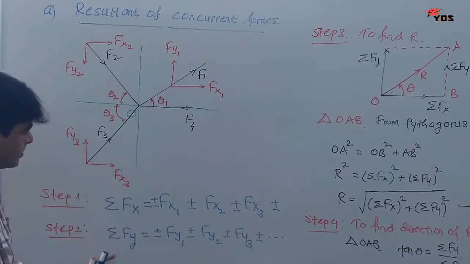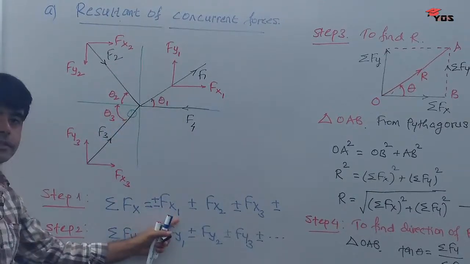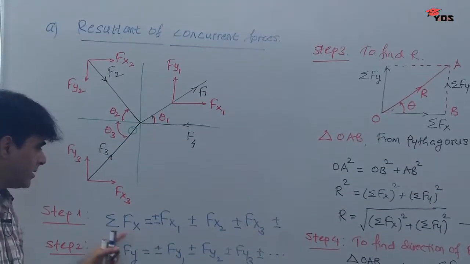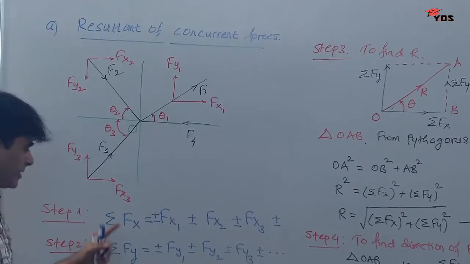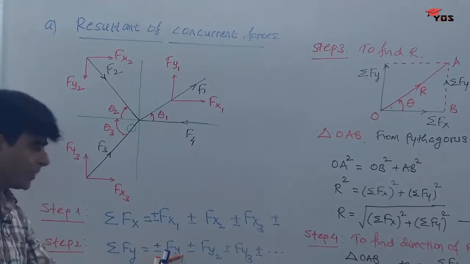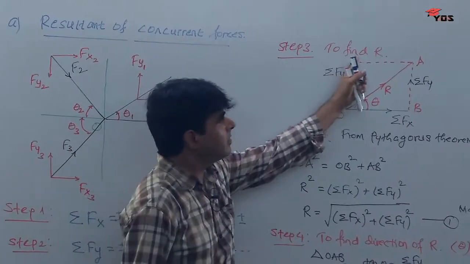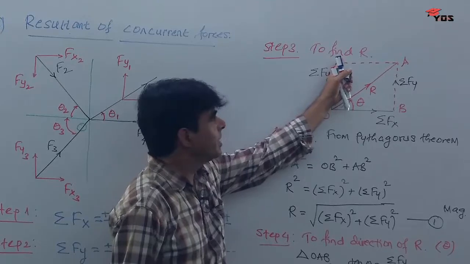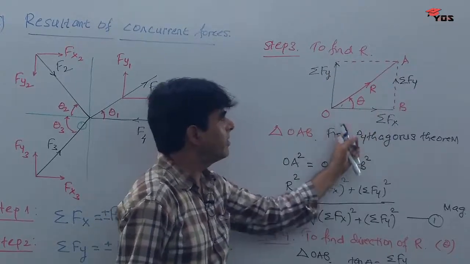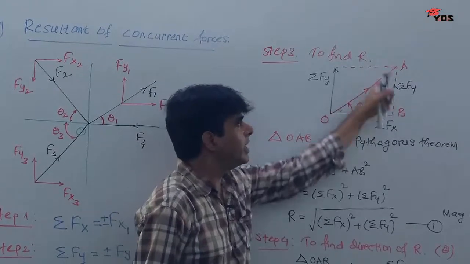So what are the 4 steps here? First one, you will have to resolve the forces along x direction and add those forces, you get summation of Fx. Second step is resolve all the forces along y direction and add those forces, you get summation Fy. After that, the next step is finding magnitude of resultant. So for that we are assuming sigma Fx, sigma Fy along x and y direction positive. Now resultant will be somewhere in between.